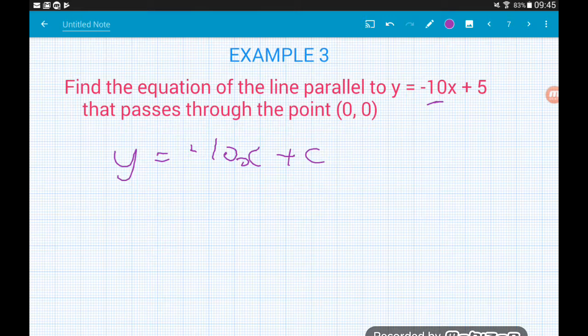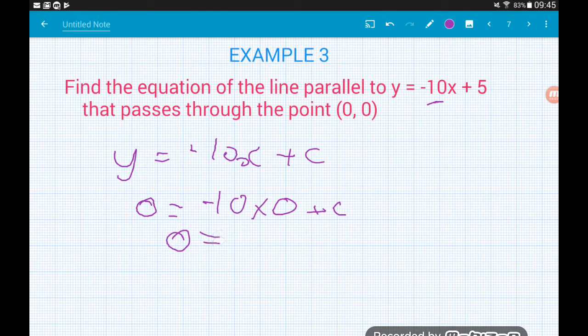So x is equal to 0 and y is equal to 0. That's actually just going to leave us with 0 is equal to -10 times 0 plus c. That's going to leave us with 0 equals c, because -10 times 0 is 0. So the equation of this line is actually just y = -10x.